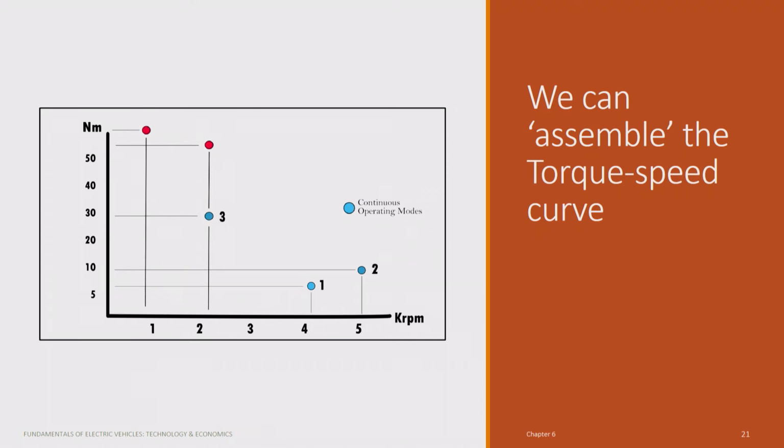You can see 8.5 seconds and things like that, 13 seconds for overtaking, and based on this I can plot different points. By joining these points, I can generate the torque speed curve of the motor.